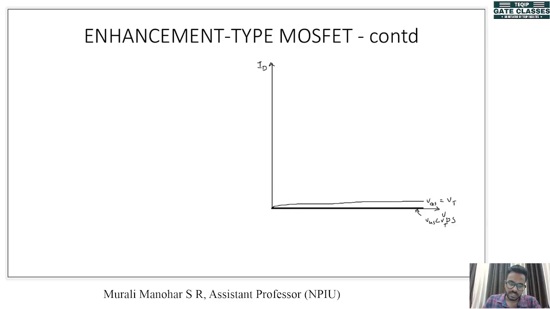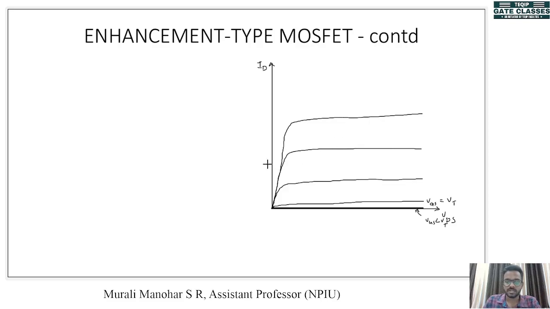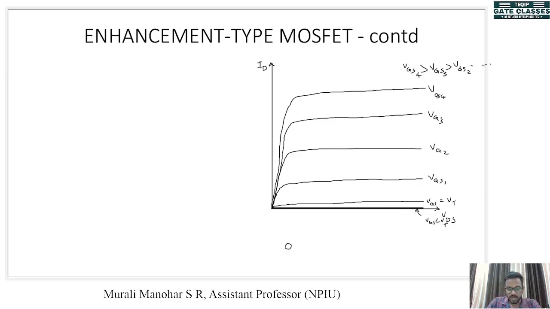If we increase VGS, we'll get higher and higher saturation currents. As we go on increasing VGS, this is the characteristics we will get. So this is VGS1, VGS2, VGS3, VGS4, where VGS4 is greater than VGS3, greater than VGS2, and so on. So this is the output characteristics.